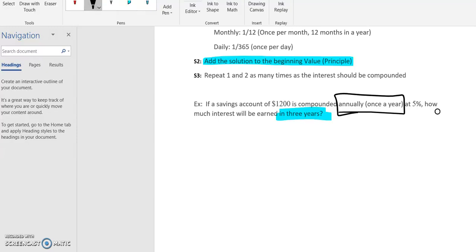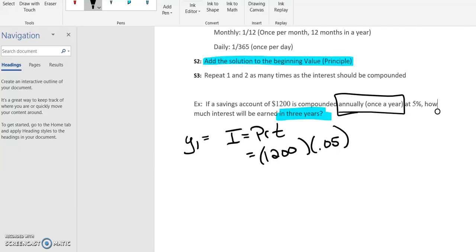So let's look at year 1. In year 1, I equals PRT, which is going to be a $1,200 principal. My rate is 5% or 0.05. And my time, it's only once a year, right? So times 1.